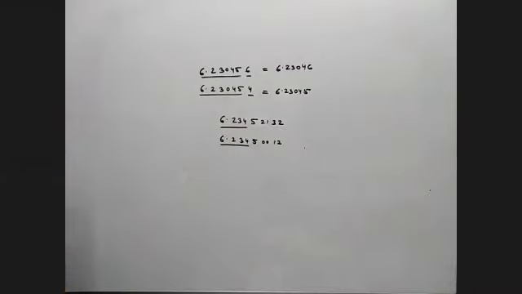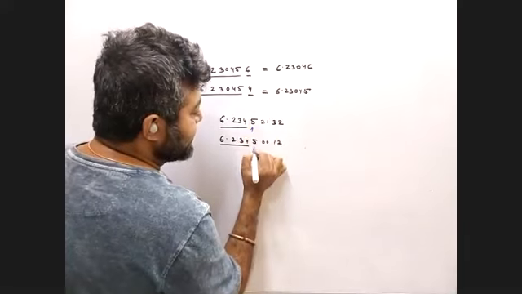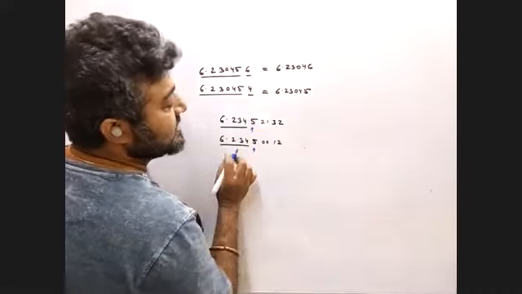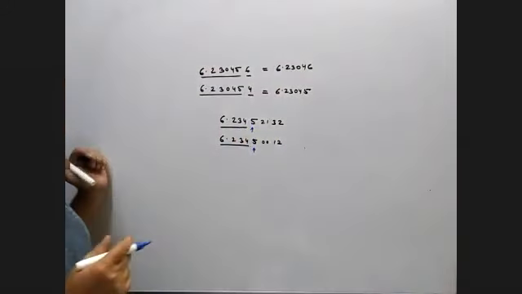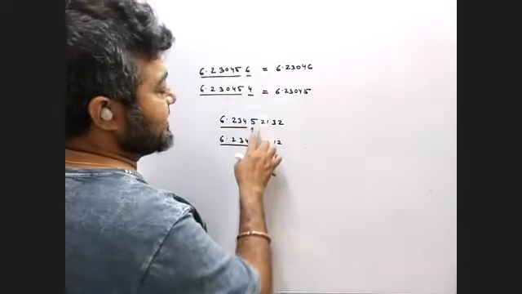Is it clear? Yes sir. So up to 4 digits you round off here, and you check the next digit. If it is greater than 5, you increase by 1; if less than 5, keep as it is. But if it is exactly 5, is it clear?